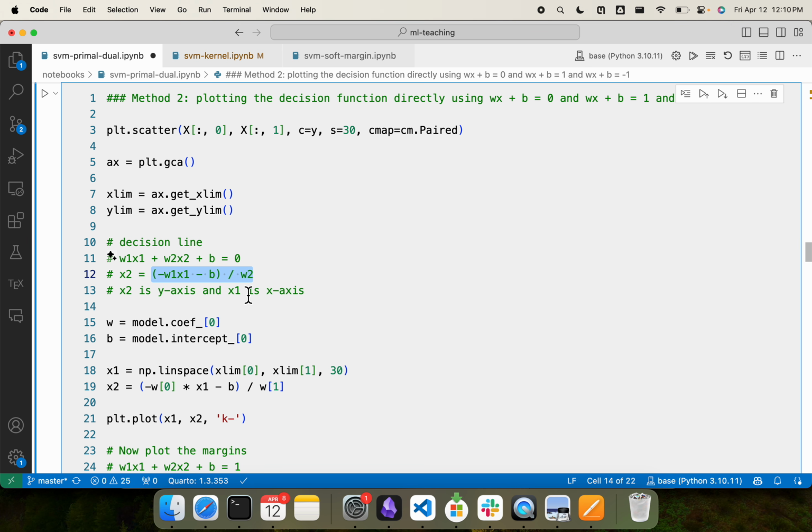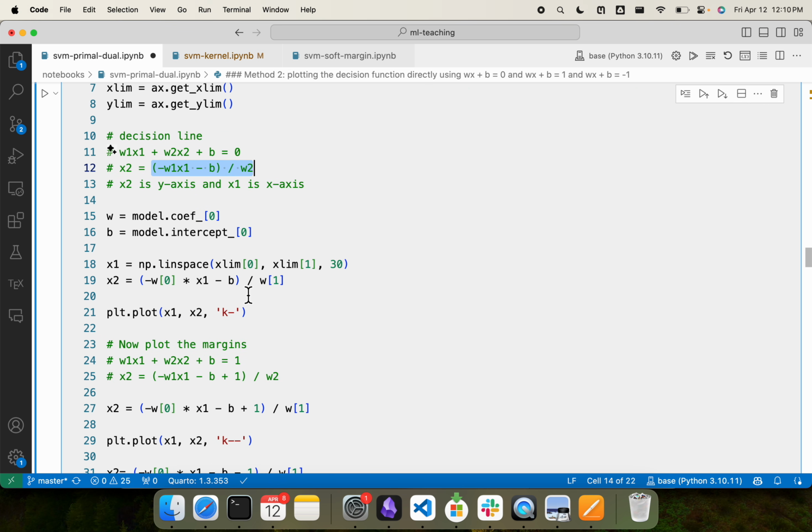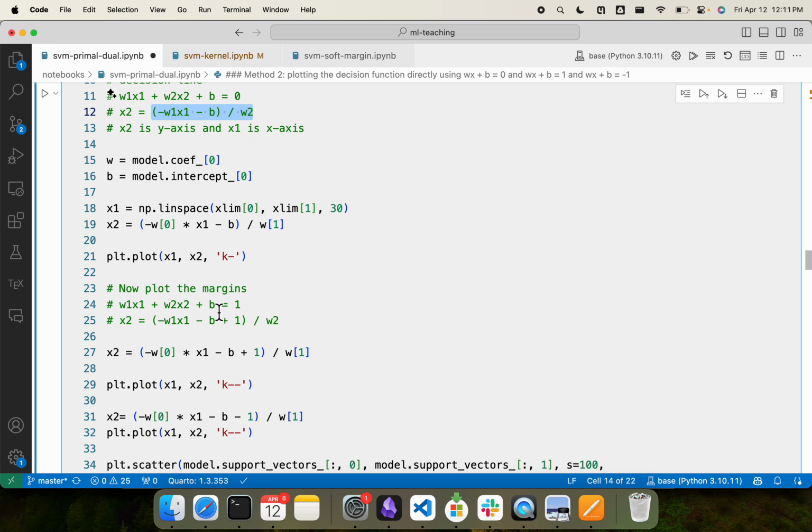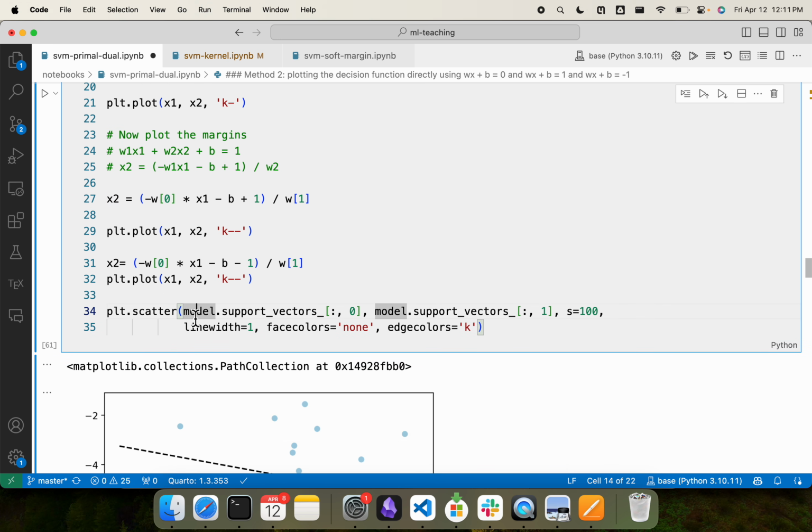If you have this equation of the line now, and I give you any values of x, can you plot y equal to mx plus c? We can do that. And we can do the same thing for the margins. Importantly, the equation of the margin is slightly different. w1 x1 plus w2 x2 plus b equal to plus 1 and equal to minus 1. But we use the same tricks and we write y as a function of x and then we plot them.